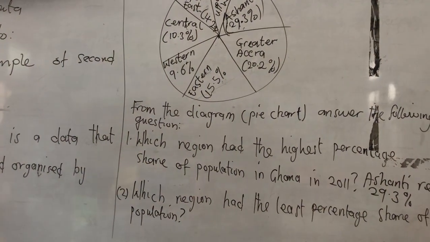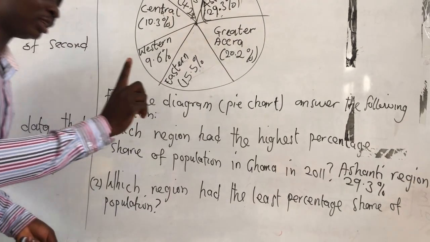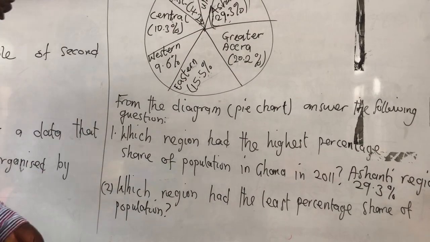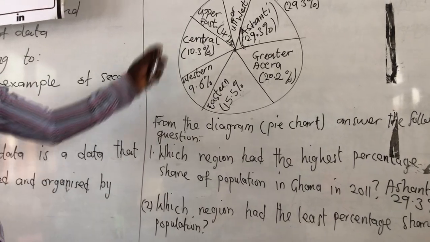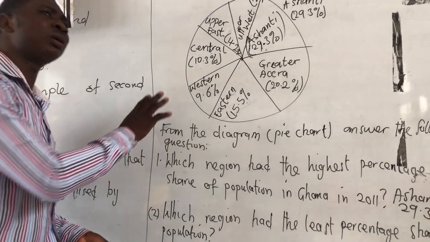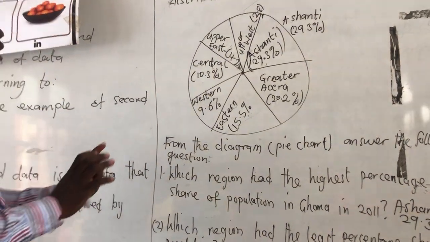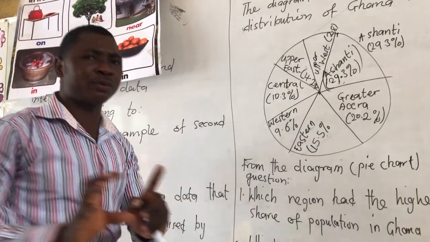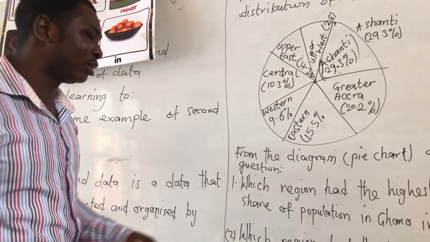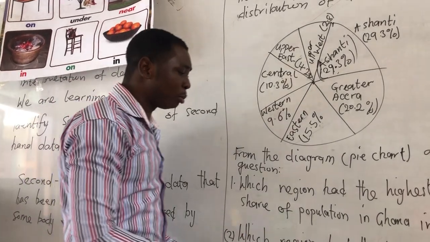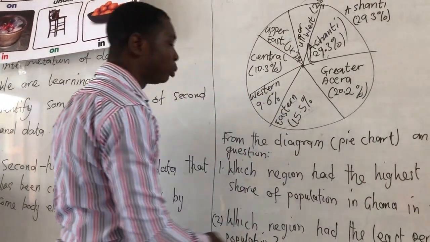I can also ask you which region had the least percentage share of the population? Go to the diagram and look at it carefully. You will see the least figure. The region with the least figure becomes the least percentage share of the population.